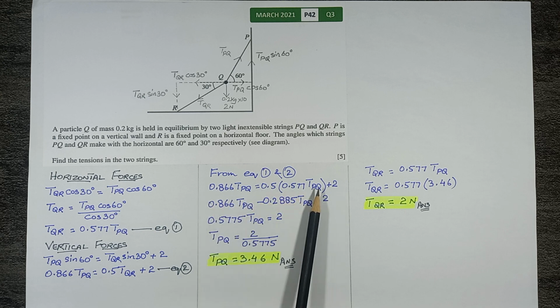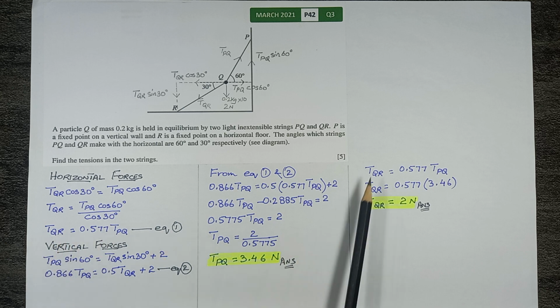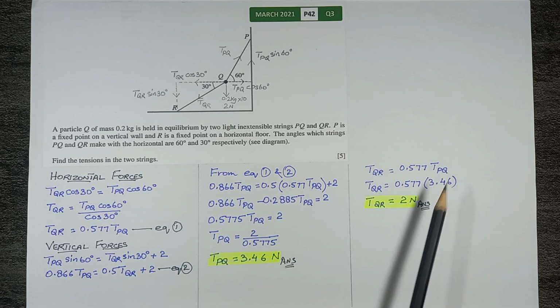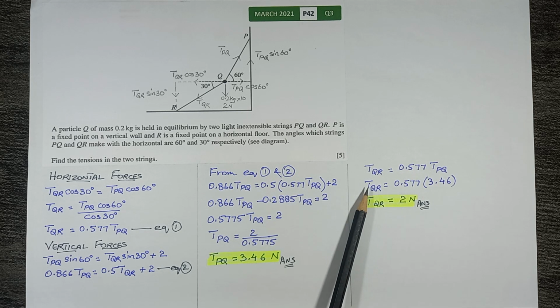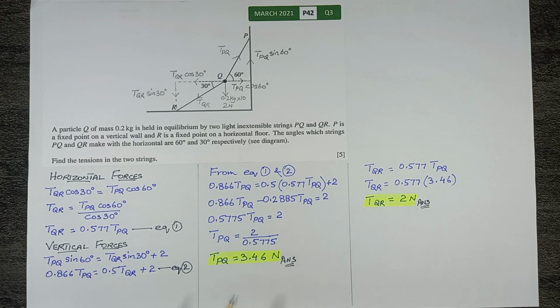Simplify it and we get TPQ as 3.46 Newton. Now use equation 1, TQR equals 0.577 TPQ. Placing TPQ as 3.46 and multiplying by 0.577, the tension in QR is also found. So finally we have found the tension in PQ and the tension in QR, which was the requirement of the question.